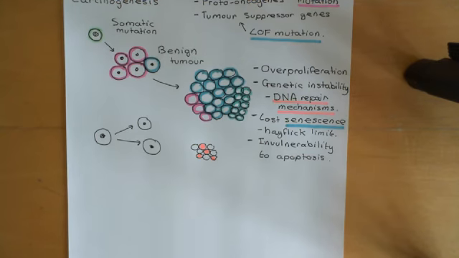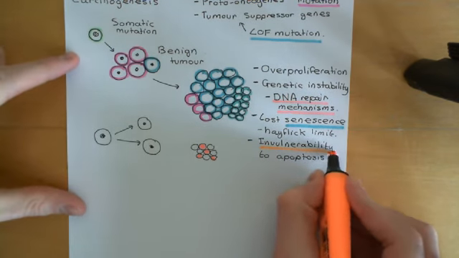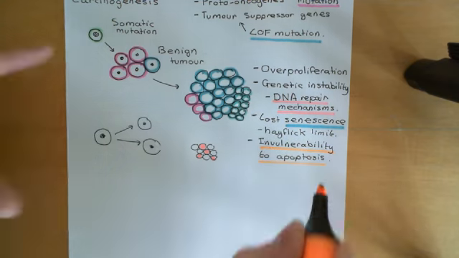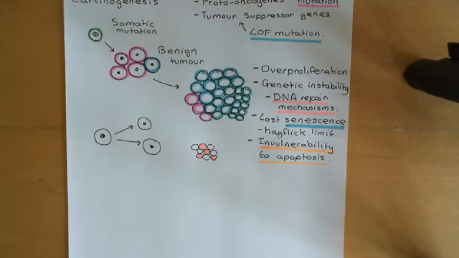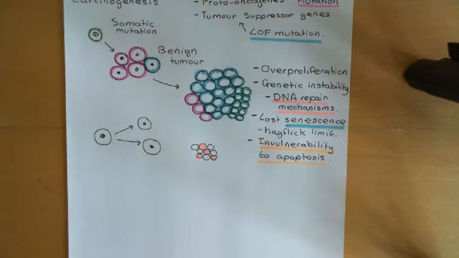Well, at some point in this progression, you must have got some mutation that made you invulnerable to apoptosis, so that you wouldn't activate the apoptosis process and you wouldn't depopulate the tumour population. So again, that's a phenotype of cancerous cells, and that will have occurred at some point along this progression towards cancer. Right, now what I want to talk about is the final mutation that is believed to occur that takes you from being a late-stage benign tumour to being cancer.